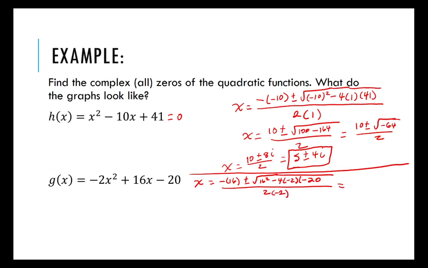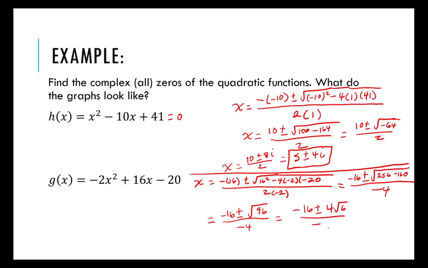That then is going to give us -16 plus or minus the square root of 256 minus 160, divided by -4. That's going to give us -16 plus or minus the square root of 96, all divided by -4. The square root of 96 will simplify to 4 root 6, all divided by -4.